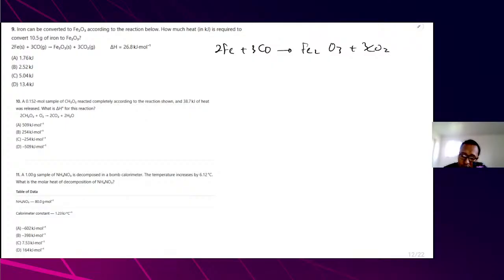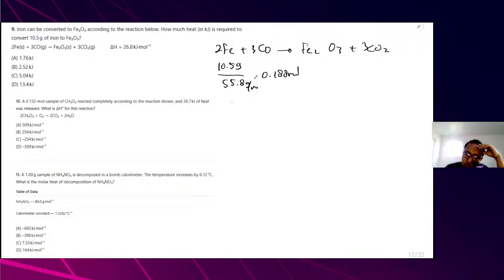The iron itself is 10.5 gram, so we need to know the moles of Fe. The mole is just the mass divided by 55.8 gram per mole. So the answer will be 0.188 mole.